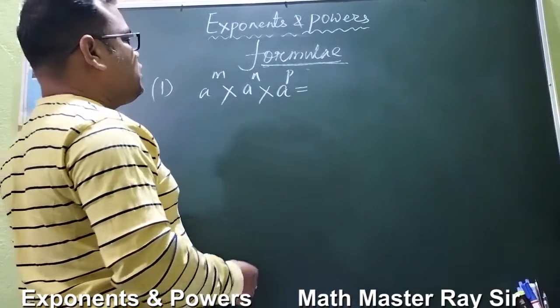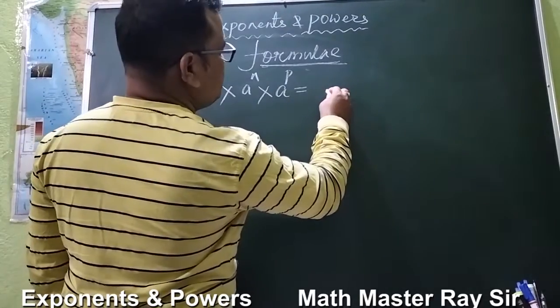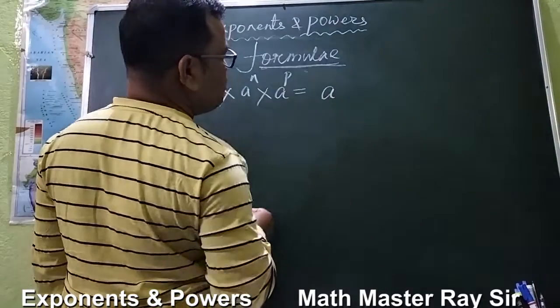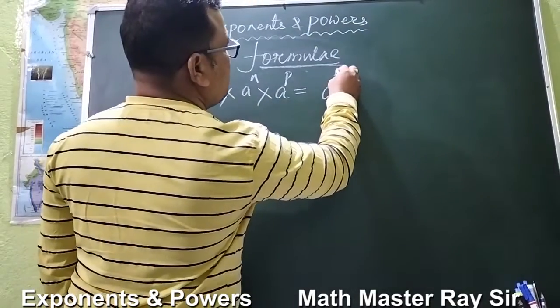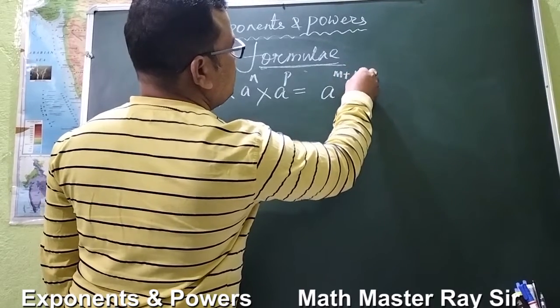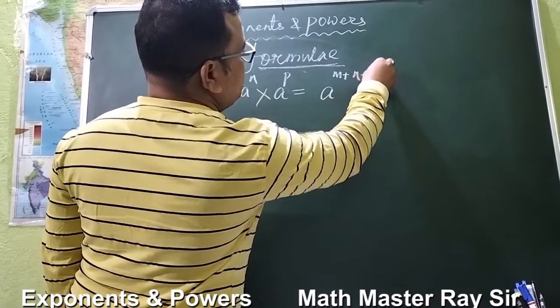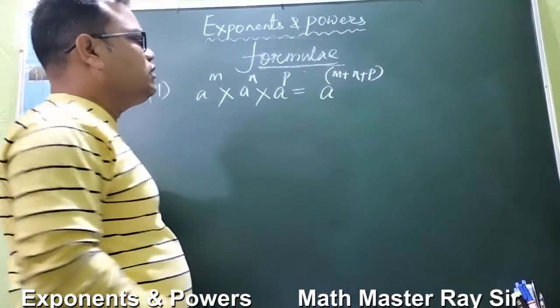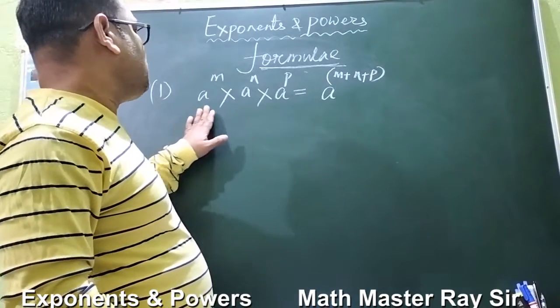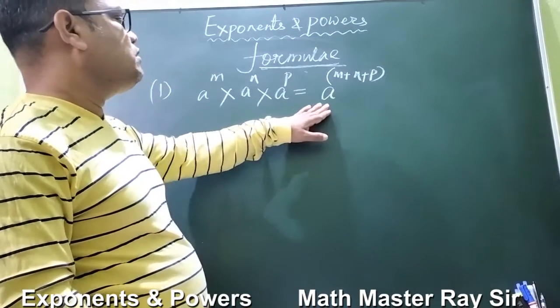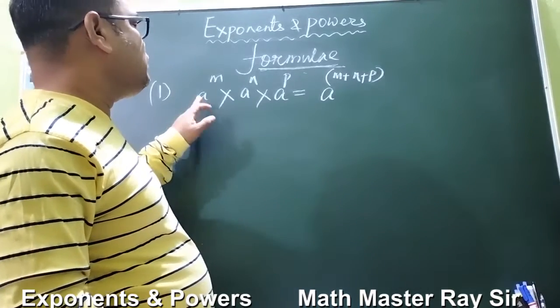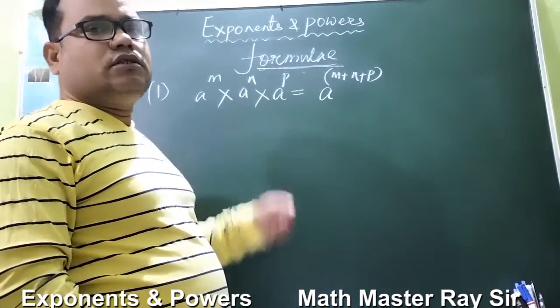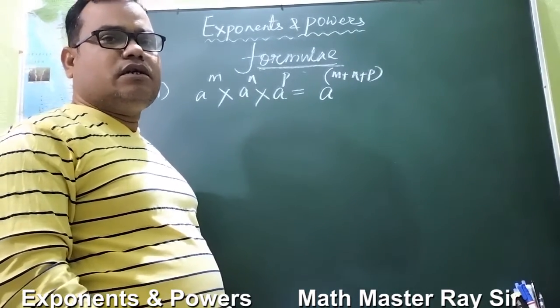Here in this case, the powers will be added. The base will be constant and powers will be added. First one: if the exponential terms are multiplied with the same base, then the powers will be added.